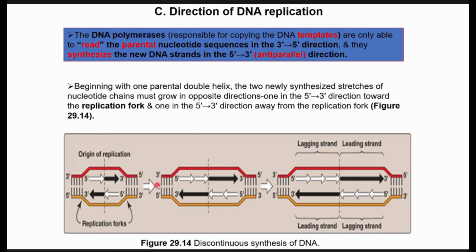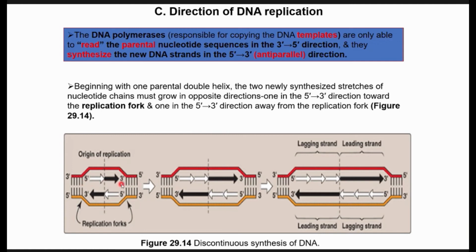Please focus with me here. This is the 3 prime to 5 prime direction. The DNA polymerase is the enzyme that helps the replication. It can only read from 3 prime to 5 prime. Look carefully, it reads this way, 3 prime to 5 prime, but synthesizes from 5 prime to 3 prime.